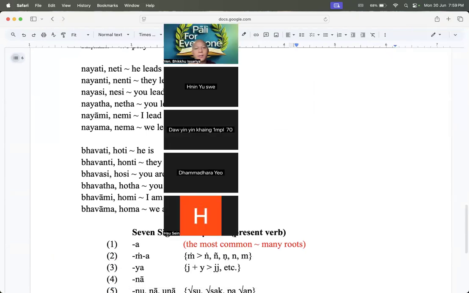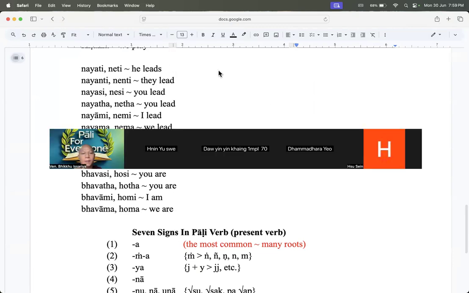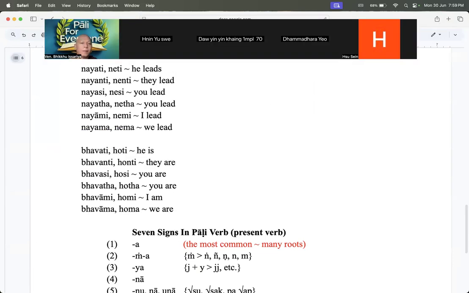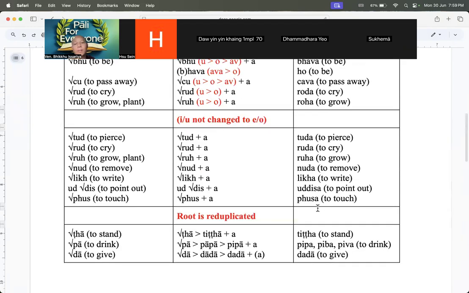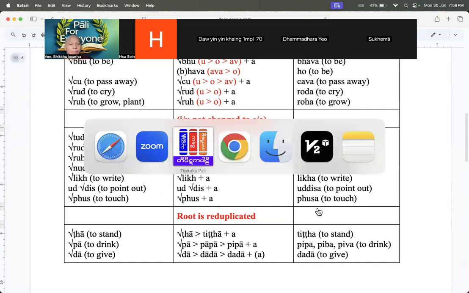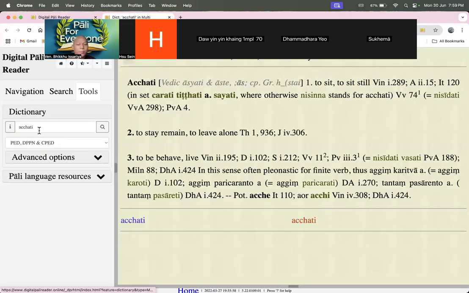Bante, for the word phassa, meaning touching. Phusa, yes. I see, is the one s or two s the same meaning, Bante? The double s is actually a noun form. So not only phassa; that is the noun form. For the verb form, only phusati, phusanti.